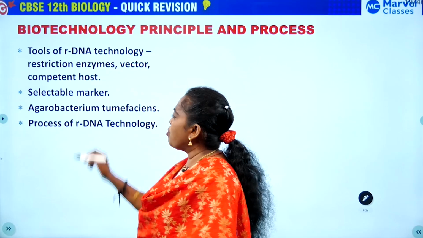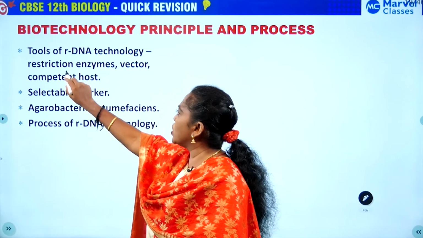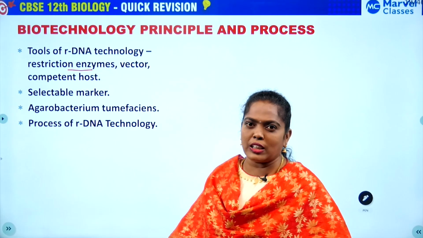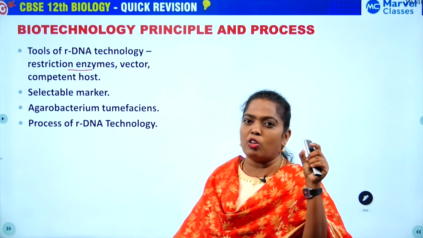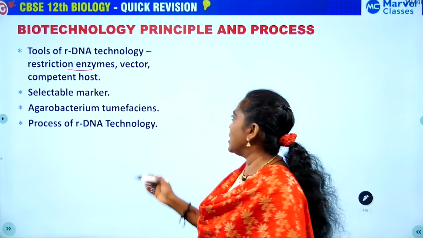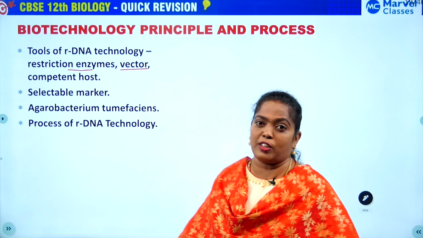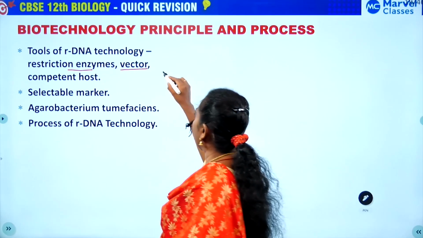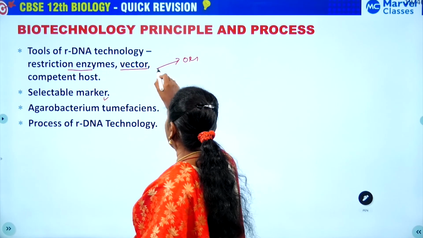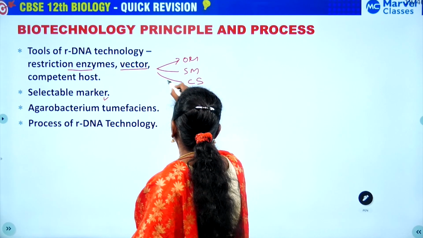Then the next one is biotechnology, principles and processes. Here there are 4 types of questions. First you have to learn about the tools. Restriction enzyme: what is a restriction enzyme? Endonucleases. Then the nomenclature, how they name restriction enzymes, and what a vector is, and the salient features of a vector. Here you have to learn about ORI, the selectable marker, and the cloning sites.